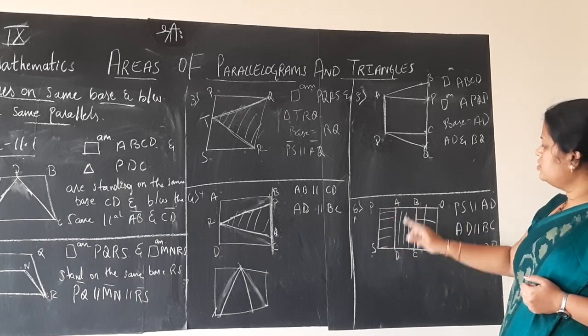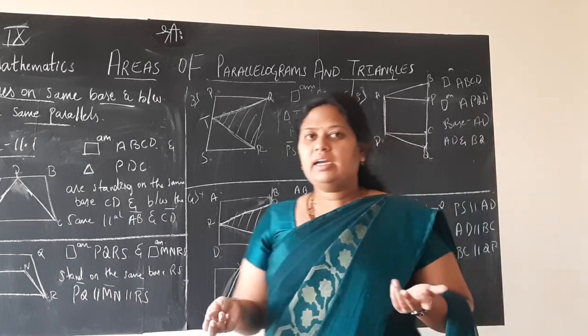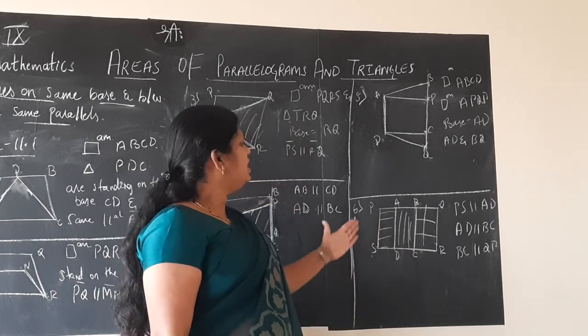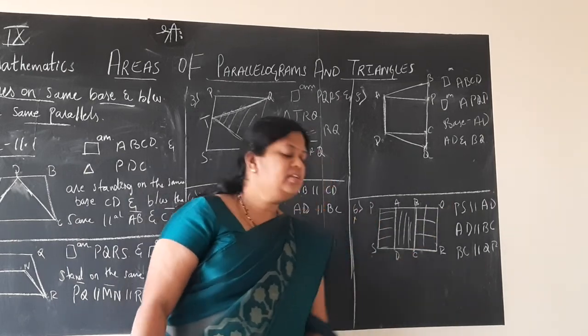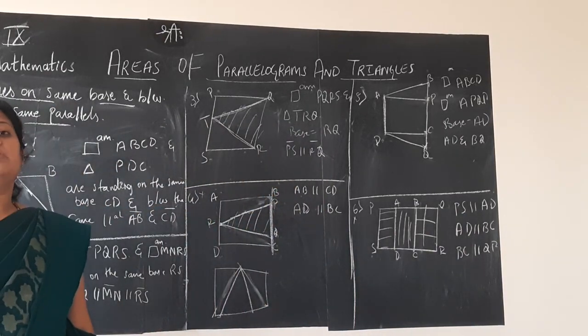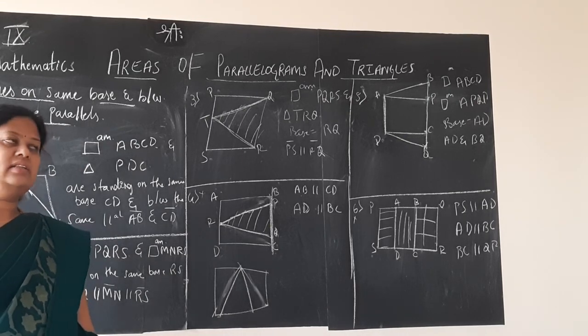So these lines that they have given are just parallel to each other, but they are not lying on the same base nor between the same parallels. In this figure you will just mention that all the given lines are parallel to each other, but they are not lying on the same base nor between the same parallels.